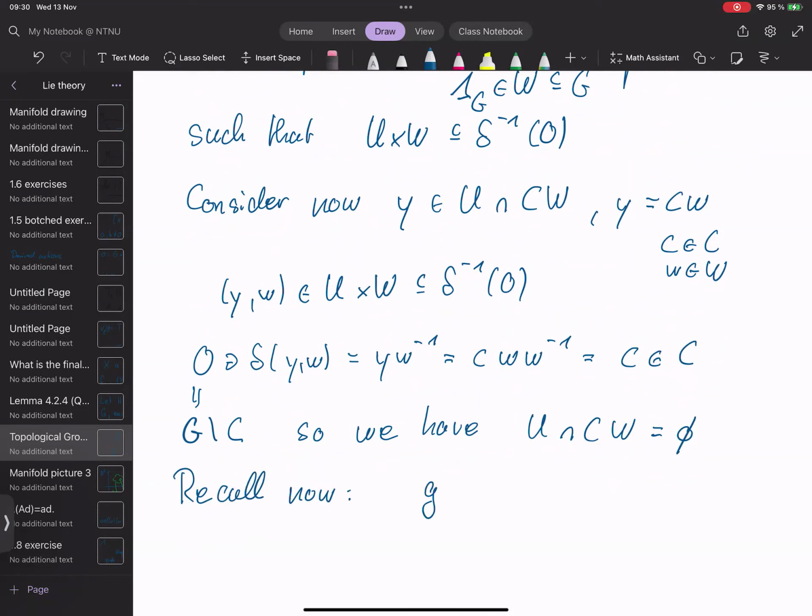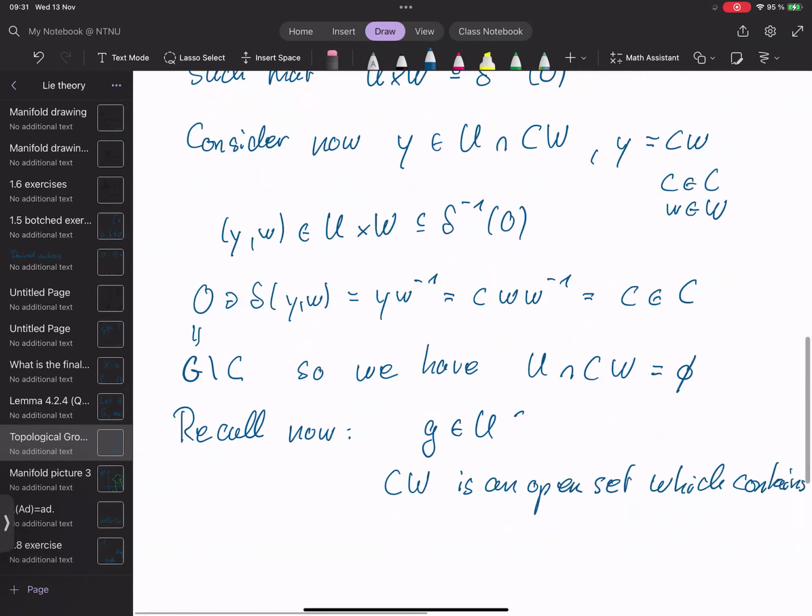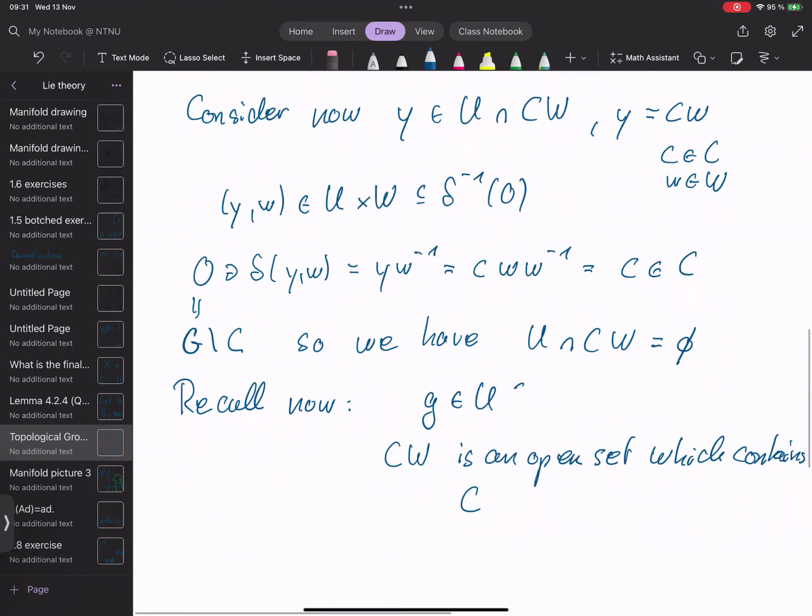First of all, by construction, g is in U, and C times W is an open set which contains the set C. This is of course due to the fact that W contains the identity element.